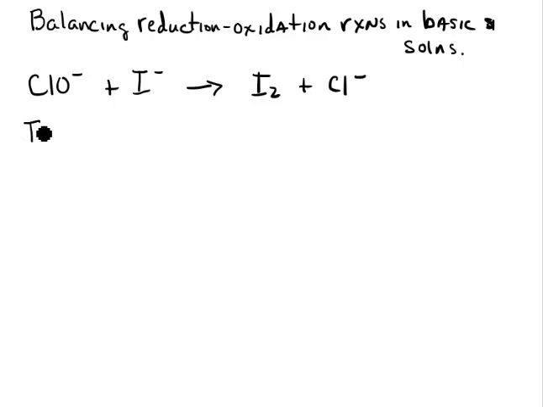So we have an I minus, and that I minus is becoming I2, and this has a charge of -1, right? That's what halogens have, and this is an element in its elemental form, so that's a charge of 0, a redox charge of 0. So this one must be giving up an electron to do that.